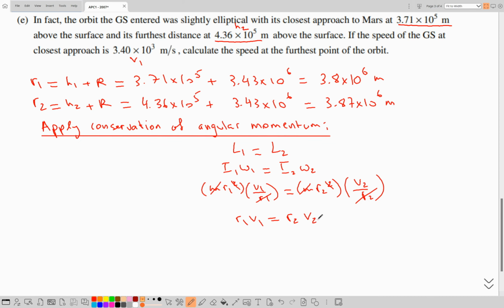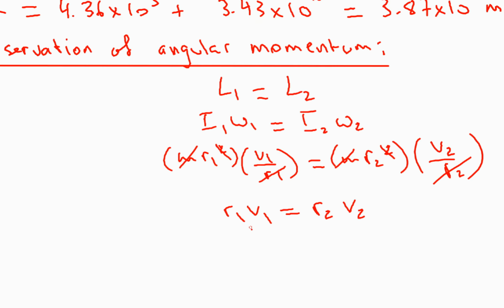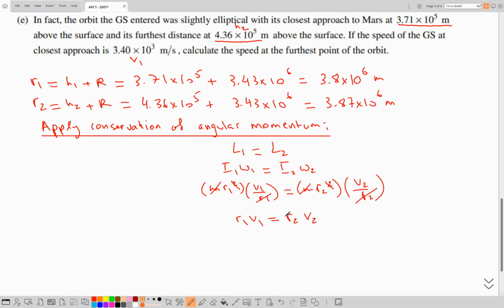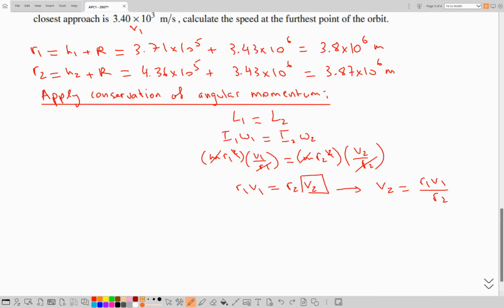And remember that this relation, we can use it directly in an MCQ but not in a free response, and we're interested in determining v2. Then v2 in this case would be given by the fractional expression r1 v1 divided by r2.